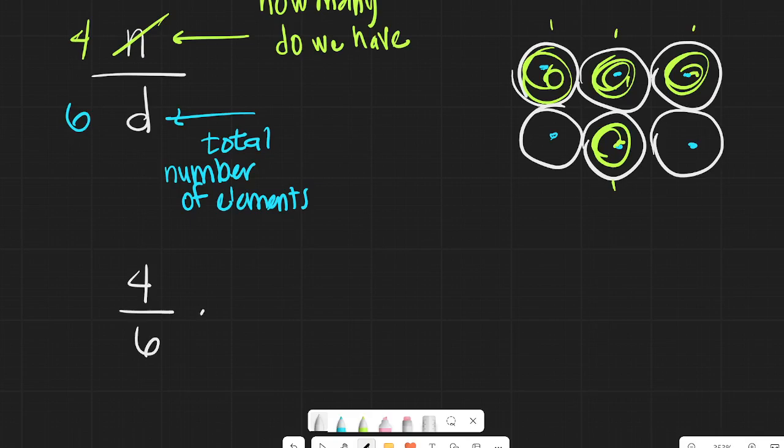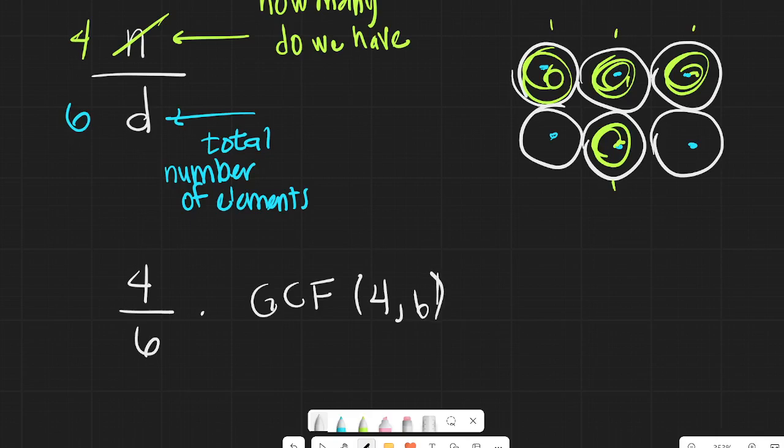All right, so that is an unsimplified fraction. If you remember, what we can do is we can find the greatest common factor between 4 and 6.